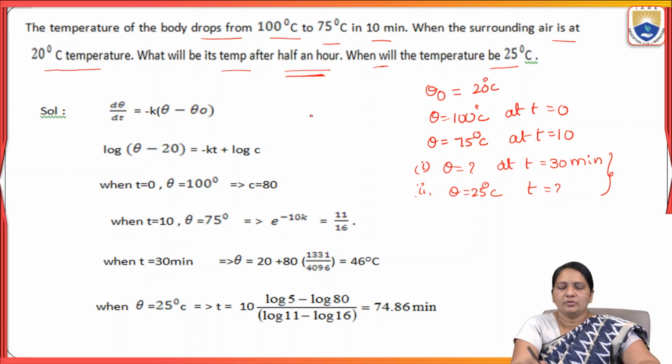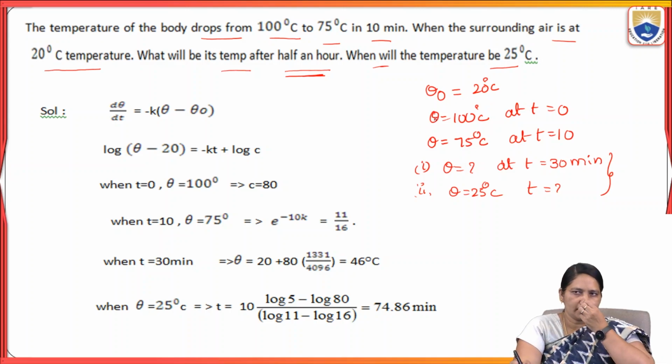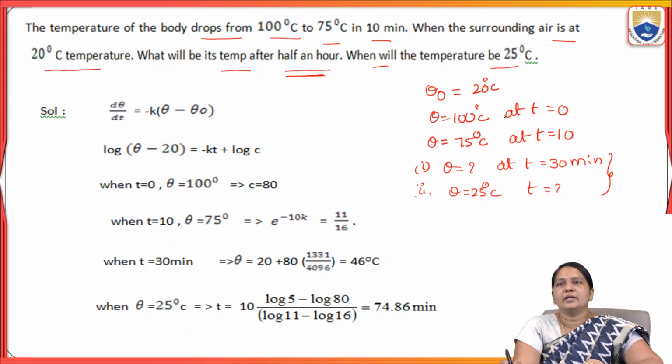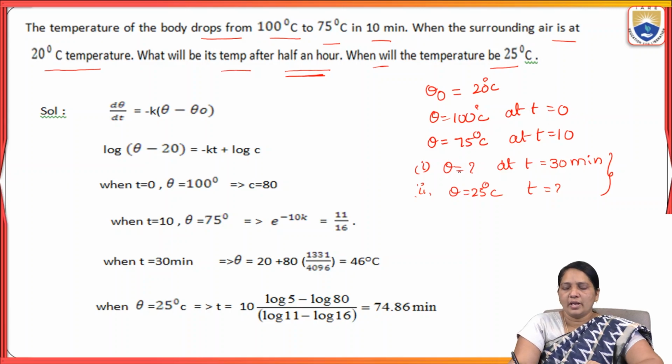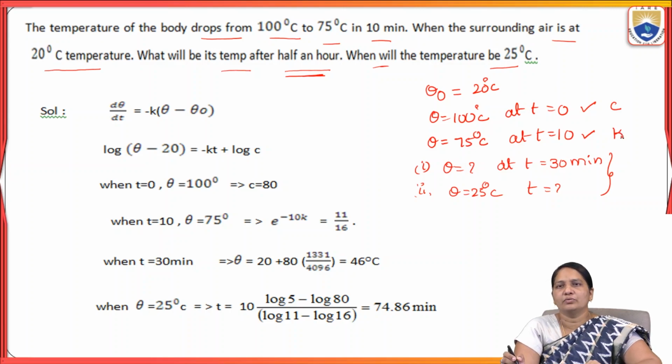So first of all, we write the given data. Surrounding temperature is theta naught equal to 20 degrees C, and for the given condition theta equal to 100 degrees C at t equal to 0, and theta equal to 75 degrees C at t equal to 10. From the first condition we are going to calculate C. From the second condition we are going to calculate the K value, like in the previous problem.